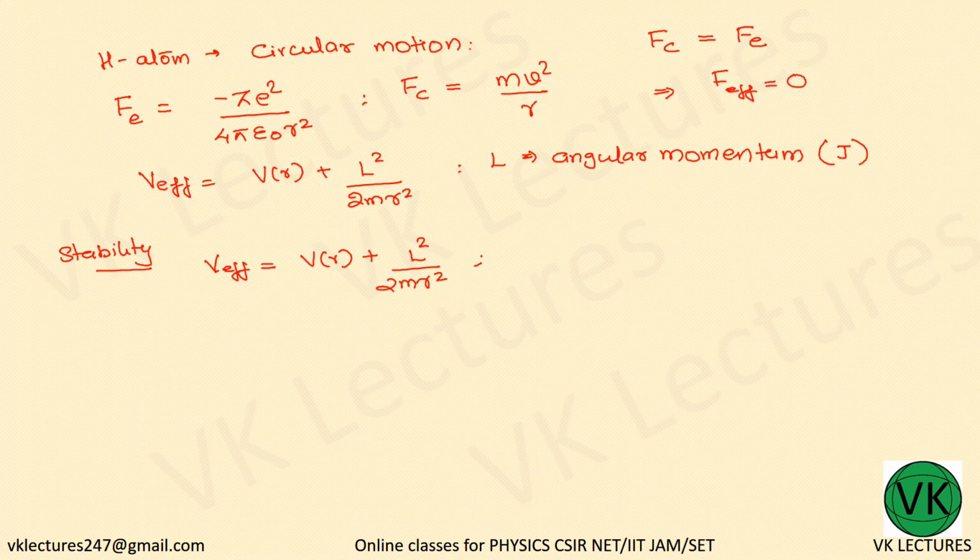Which means the partial derivative dou by dou r of V effective will be equal to 0. Put it equal to 0 and find r equal to r naught, the stable equilibrium point.